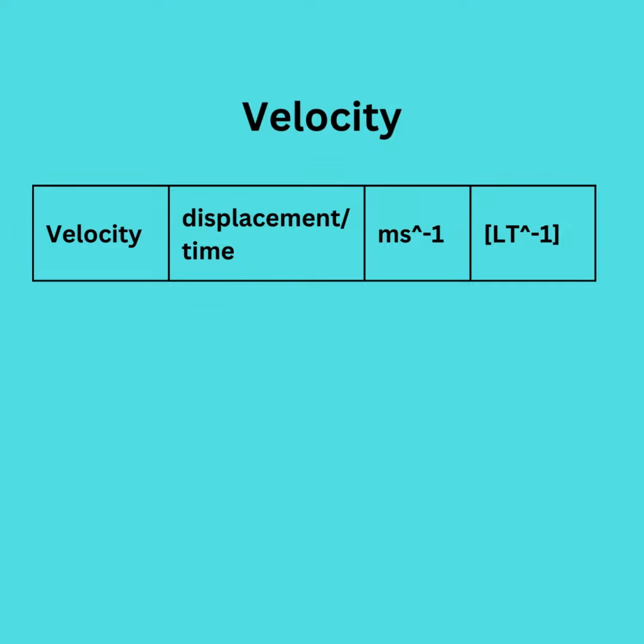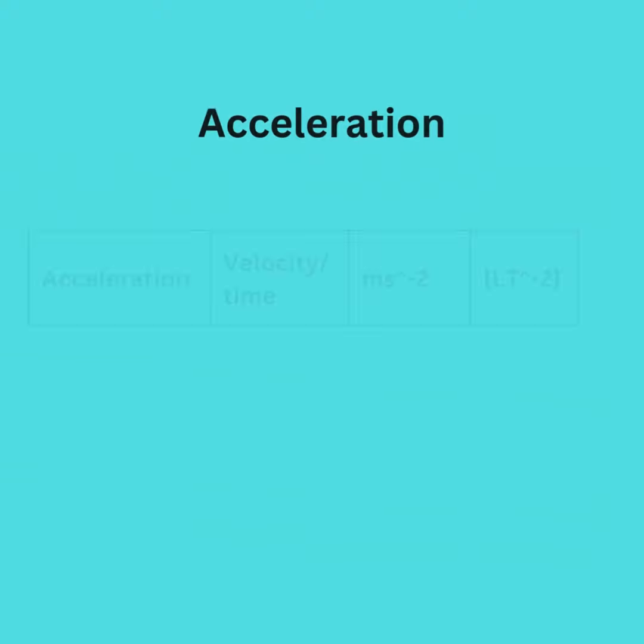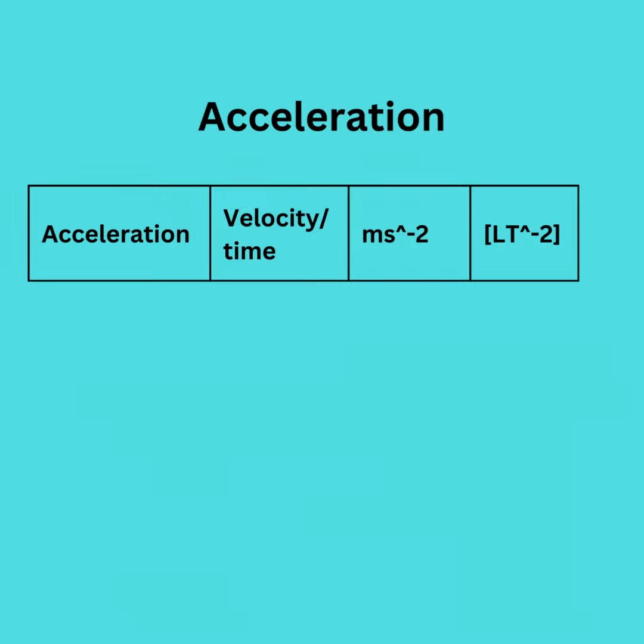Next physical quantity is acceleration. Anybody knows the formula of acceleration? Very good. Acceleration is velocity by time. What is the dimension of velocity? Just now we found L into T to the power of minus 1. That divided by T will give you L T to the power of minus 2. So totally, the dimensions of acceleration are L T to the power of minus 2.